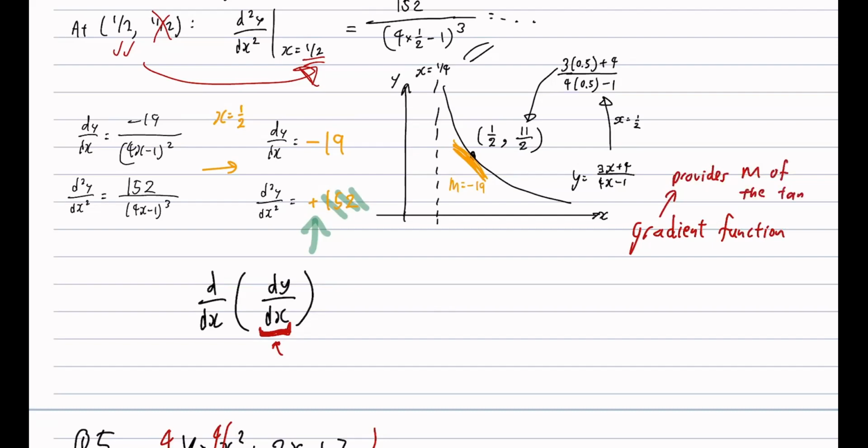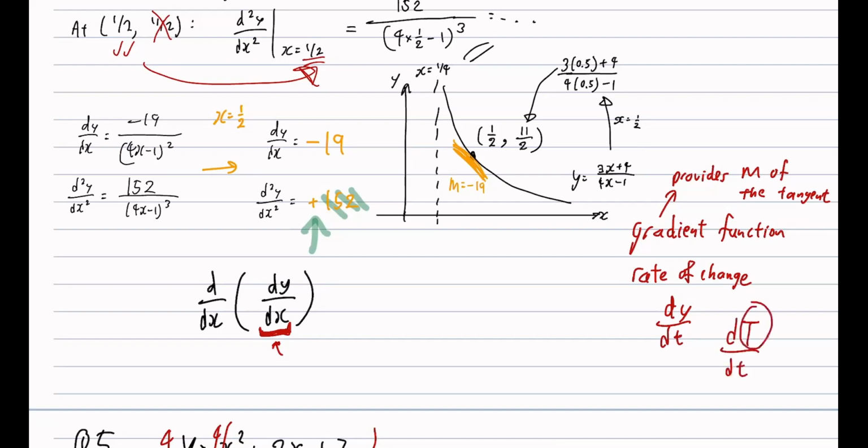What's m? m is gradient. y equals mx plus c. Another interpretation is the rate of change function, like dy by dt. Rate of change of y with respect to x, with respect to time. How fast is y changing as t increases? That kind of thing.